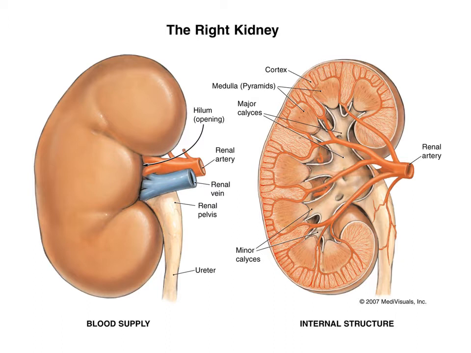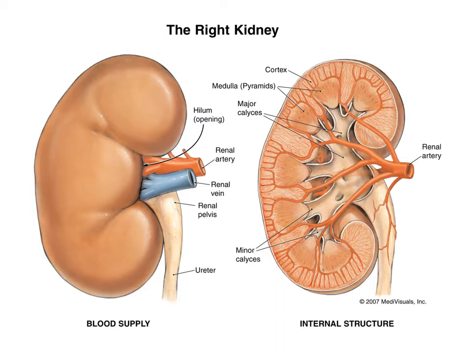Really, the whole purpose of the kidneys is to have blood flow come into them, have the blood filtered through the 1 million nephrons per kidney, and then have the blood return, once it's filtered, in the renal vein and go back to the circulation.